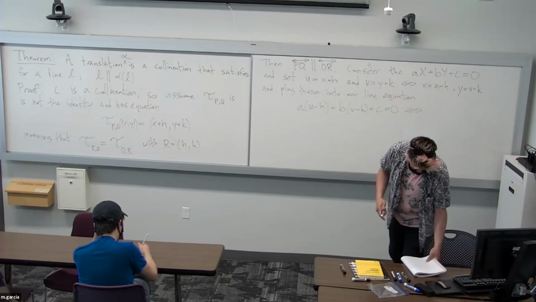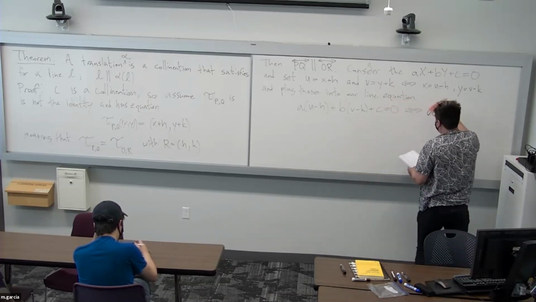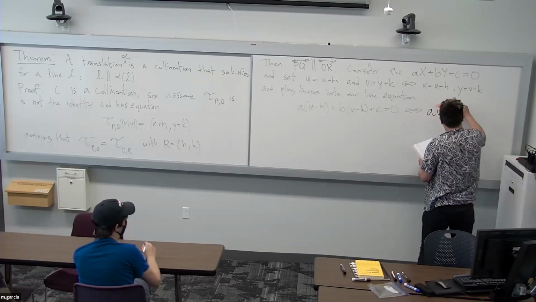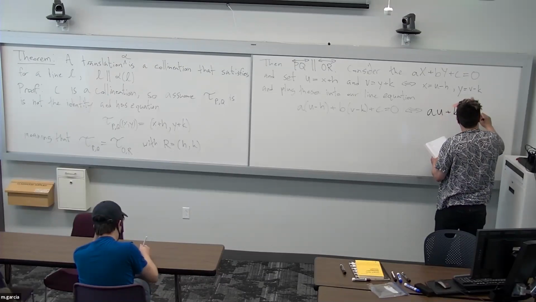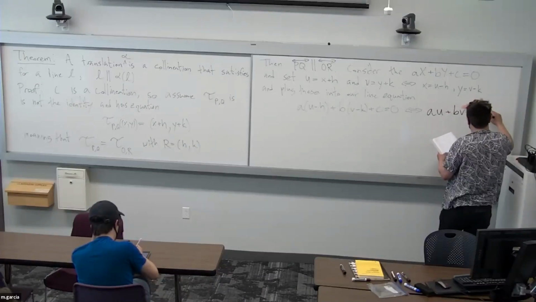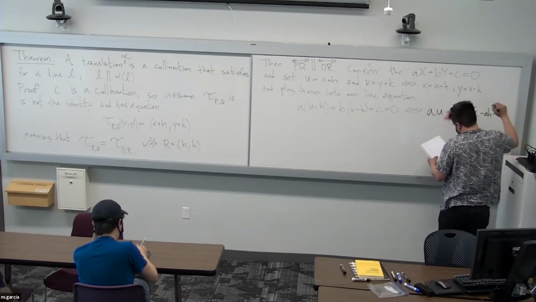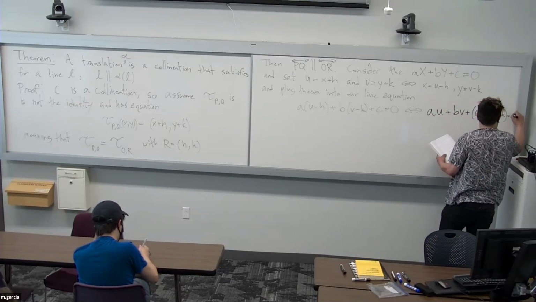Okay. What do we get here? We get au plus bv plus c minus ah minus bk equals 0.